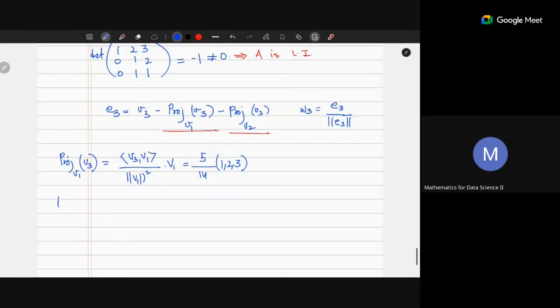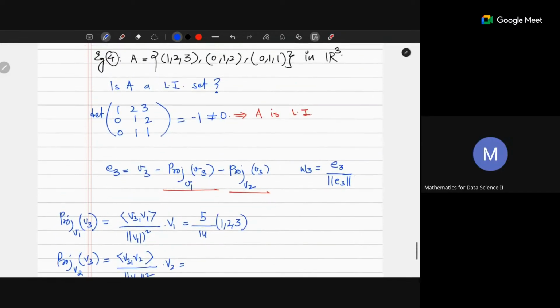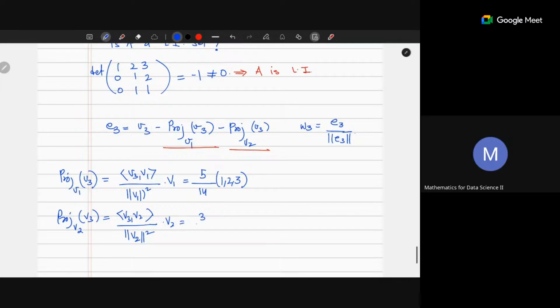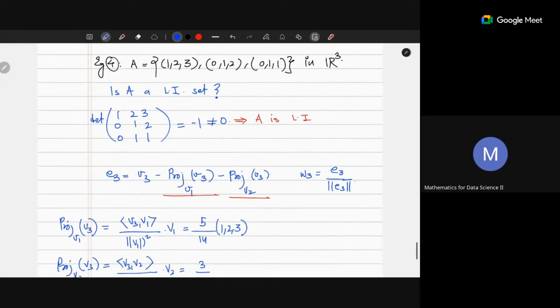Okay, and now what is the projection of V3 in the direction of V2? So again, you need to calculate the dot product of V3 and V2, and divide by the norm squared of V2, times V2. Can anyone quickly tell me the dot product of V2 and V3? It's 3. 3 divided by the norm squared of V2, which is 5, right?